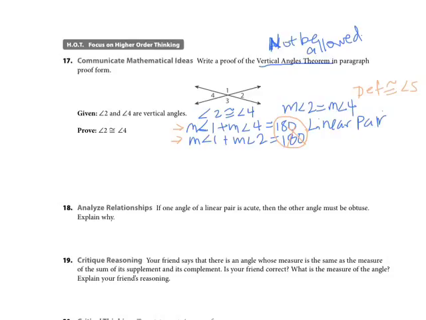Okay, so let's start with our first sentence. It is given that angle 2 and angle 4 are vertical angles.